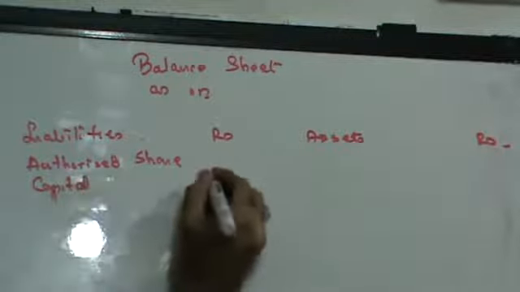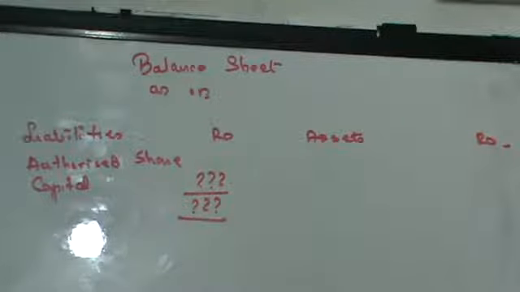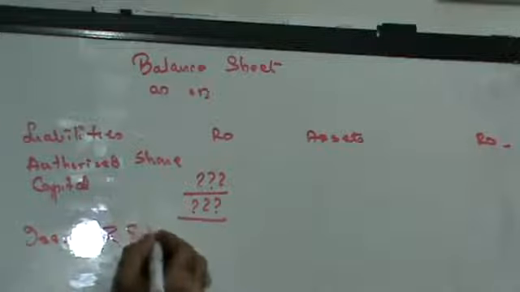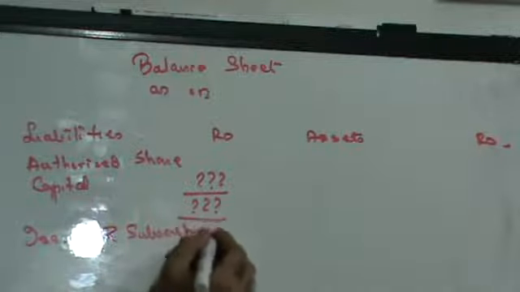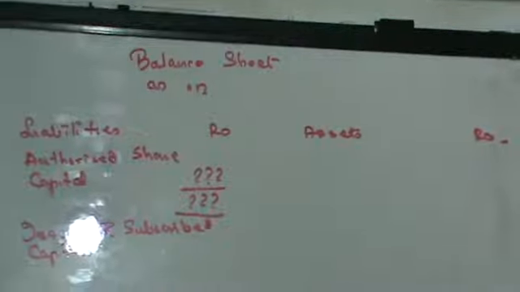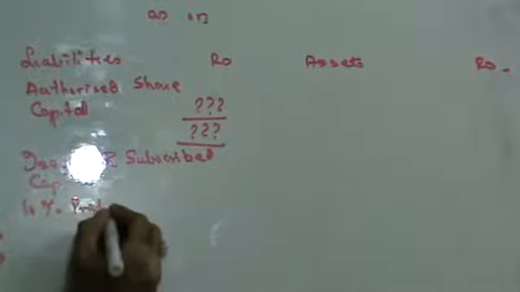Authorized share capital, tally, issue and subscribed capital. In that you are going to have 10% preference shares.